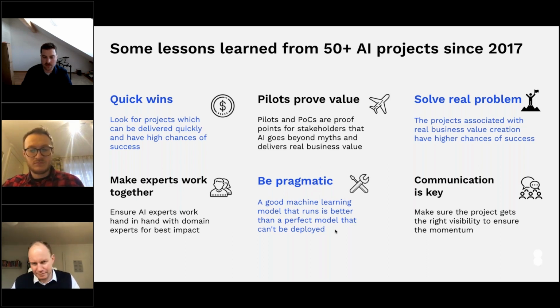And last but not least, communication is extremely important. Establishing AI in an organization has a lot to do with getting the momentum across the whole organization, also communicating that, in a way it's also a change management topic if you want to become an AI first company. So that's why this is important.